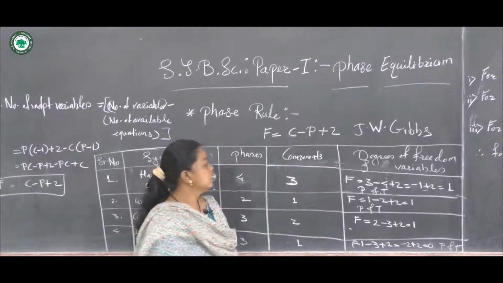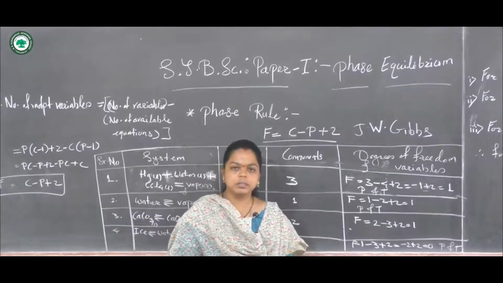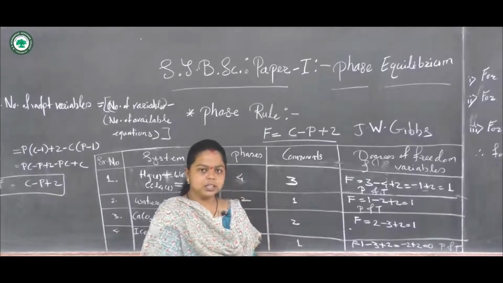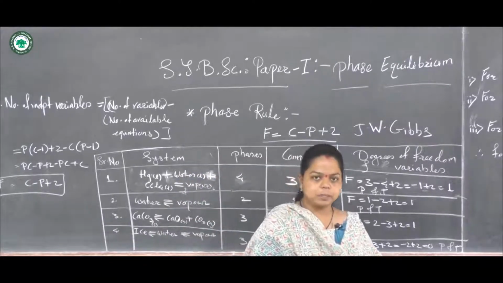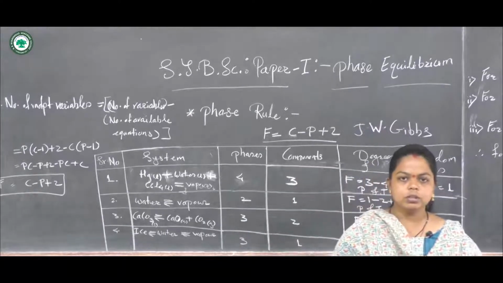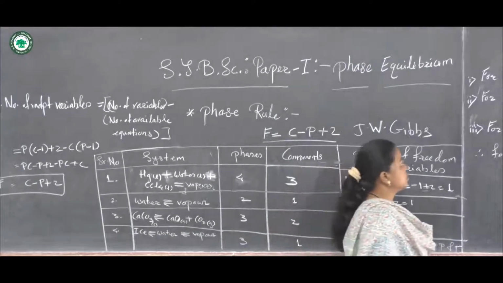Now let us consider the derivation of this equation, how this equation can be derived mathematically. For this we have to consider different types of systems that contain one component, two components, three components, and so on.